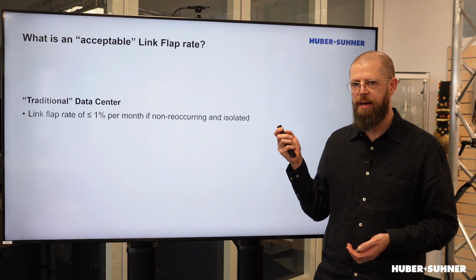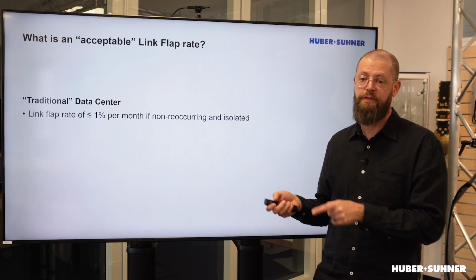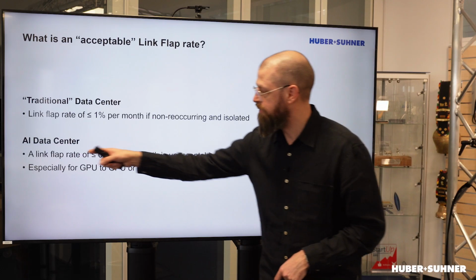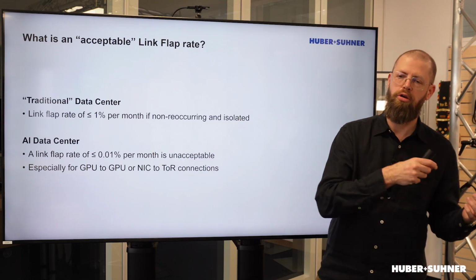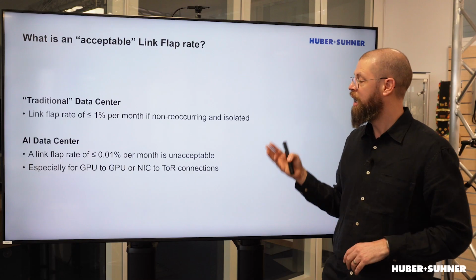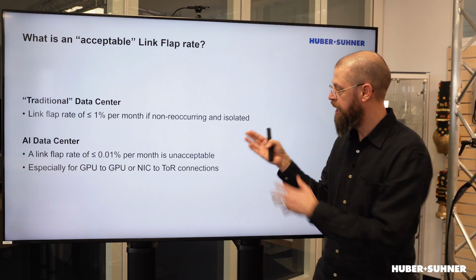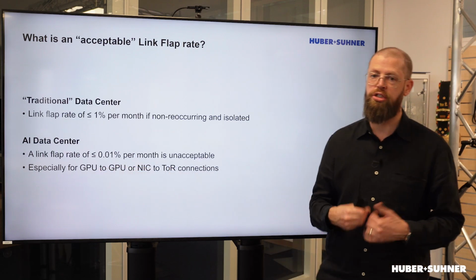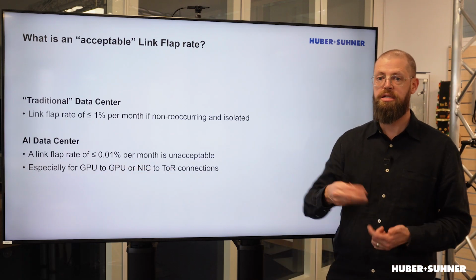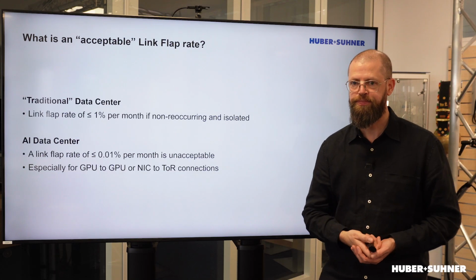However, for AI data centers, that by far isn't enough, because even a link flap rate of equal to or less than 0.01% per month is still considered unacceptable, especially for the links GPU to GPU or network interface cards to top-of-rack cabling.